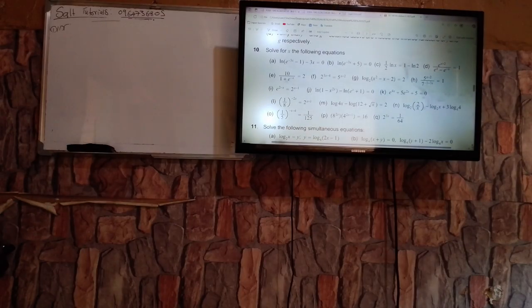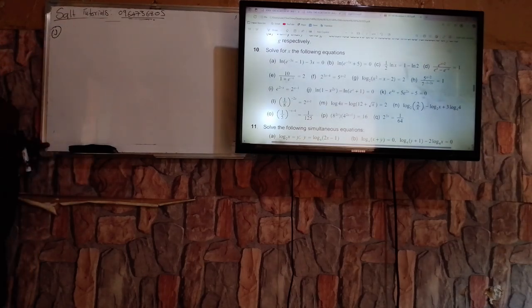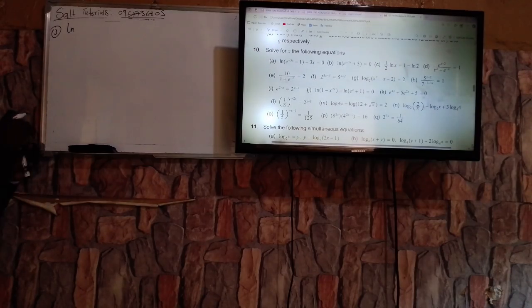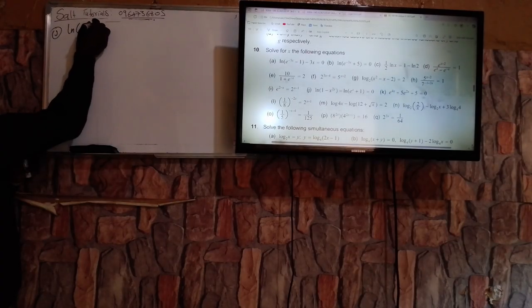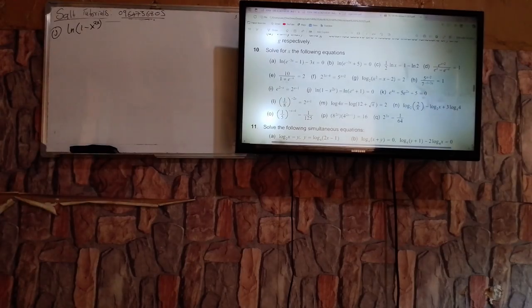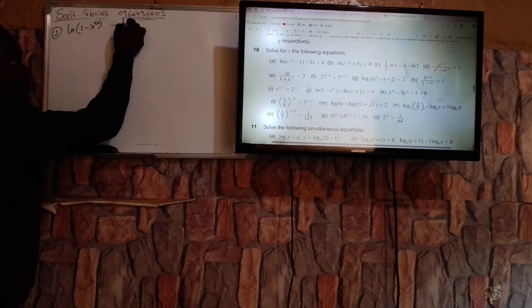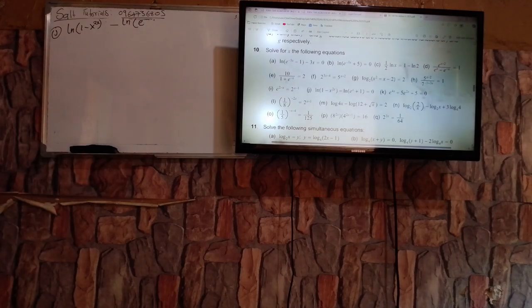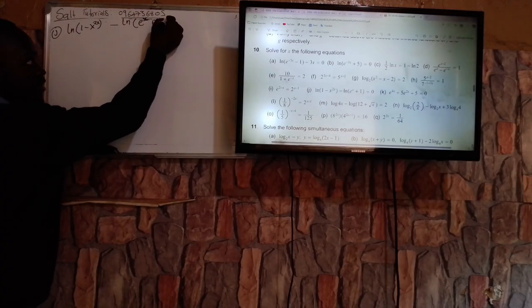So what am I going to have? On j I have the natural log of 1 minus x power 2x, like that, minus natural log of e power x plus 1 is equal to 0.